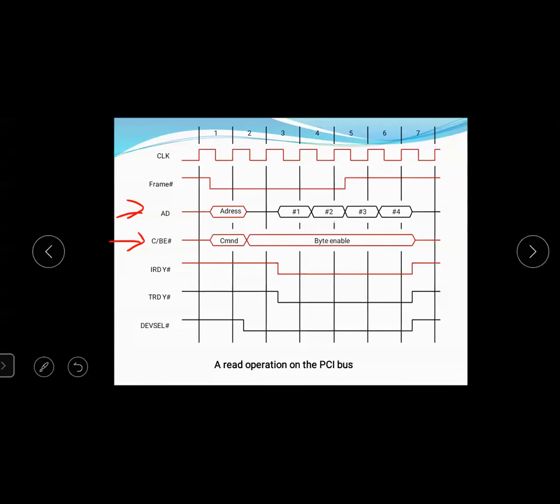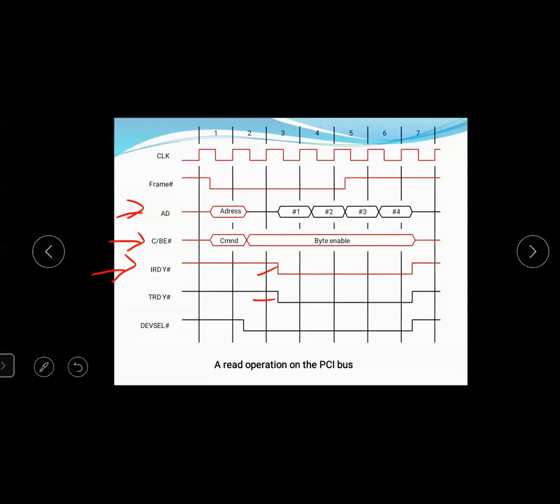After the address is decoded by the device, the initiator ready signal IRDY is asserted, and the target is also ready at time T2. Initiator ready and target ready.